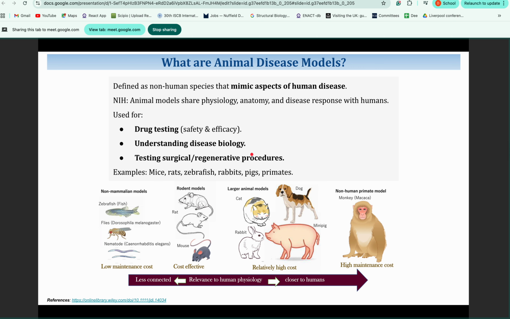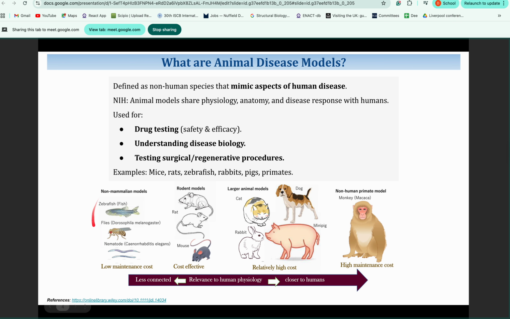For understanding disease biology, we can understand how a certain disease progresses, what the biology behind it is, what genes are responsible, and what pathways get affected. We can study the entire biology related to that disease. They are also used for testing surgical and regenerative procedures. Examples of animal models are mice, rats, zebrafish, rabbits, pigs and primates.